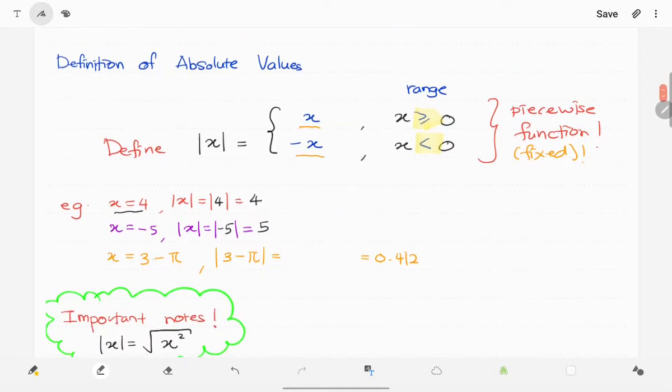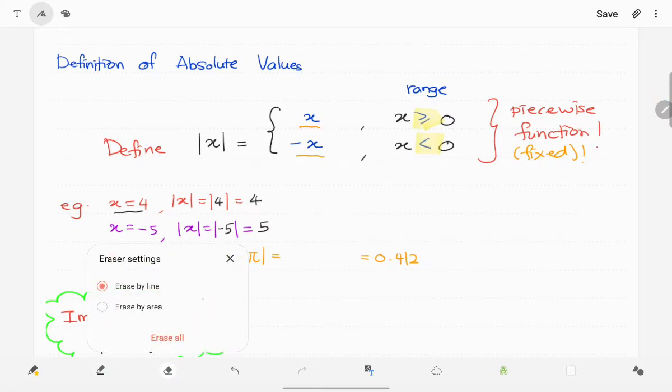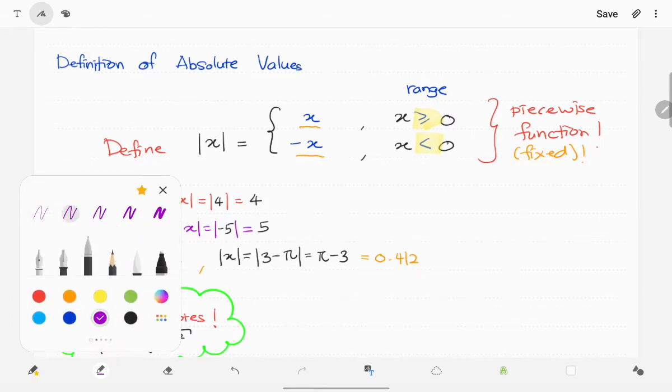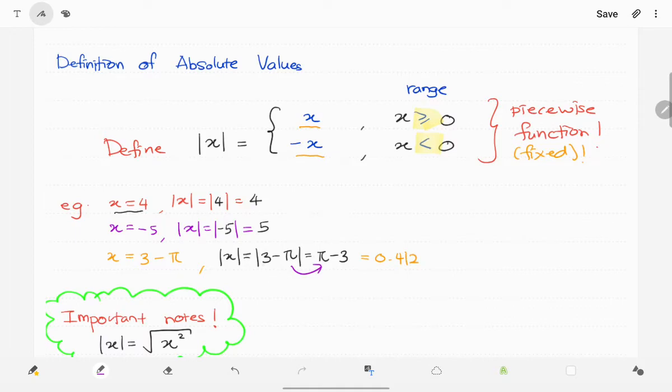If I have x equals 3 minus pi, so modulus 3 minus pi equals pi minus 3. Why? Because 3 is positive, so positive becomes negative, negative becomes positive. Then you calculate using a calculator and you get 0.412. Very easy.